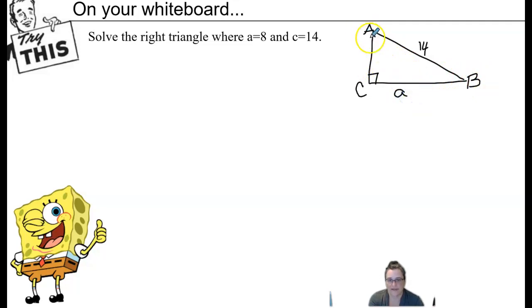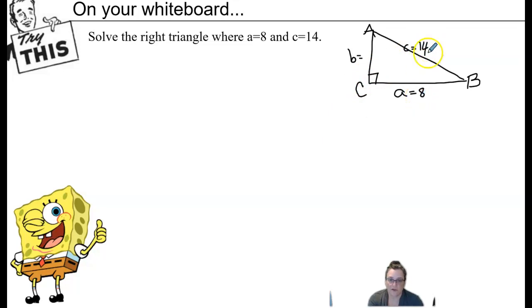So opposite capital angle A is lowercase side a. Opposite capital B, I have my lowercase b, and that one I don't know yet. And then lowercase c, my hypotenuse, is 14. That's opposite the right angle, capital C.